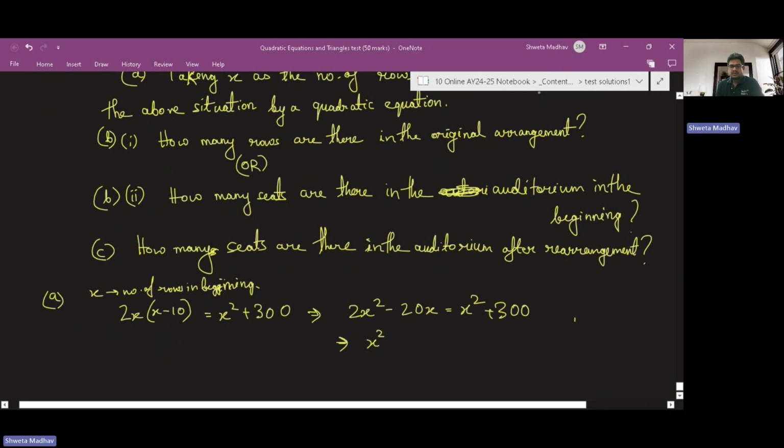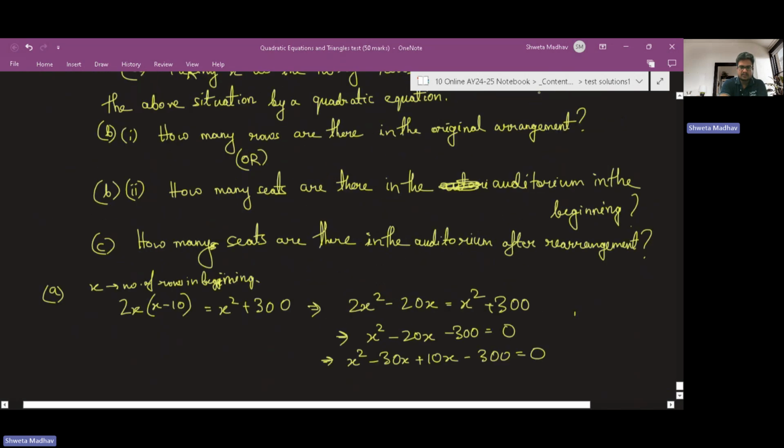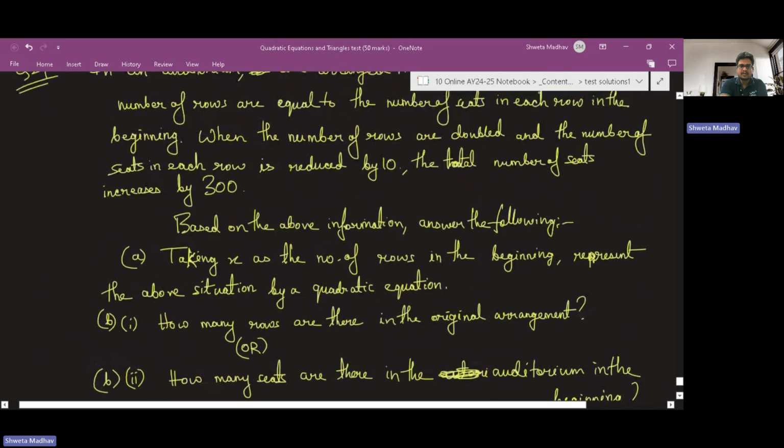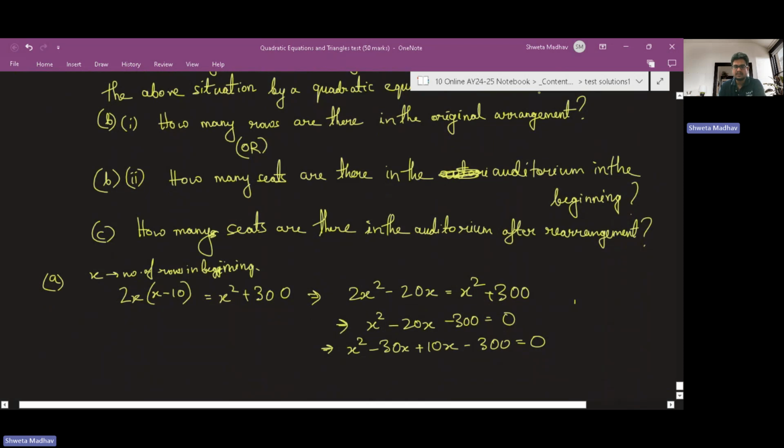So I can say that x squared minus 20x minus 300 equals 0. So the required quadratic equation is x squared minus 20x minus 300 equals 0. So this is the answer.